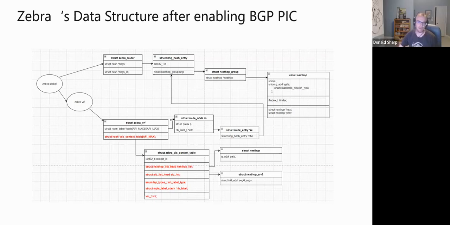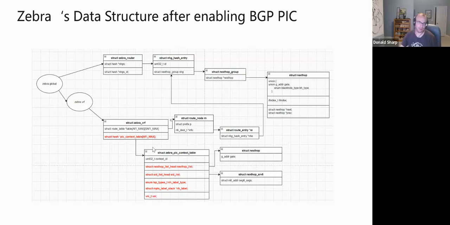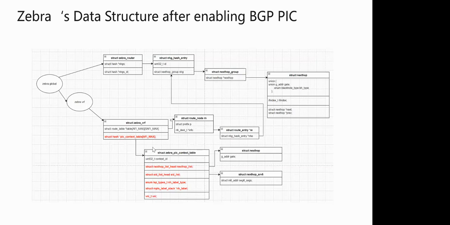Yeah, but why couldn't I just point at the correct next hop group hash entry? You mean for the routes, we point to the PIC table, then point to the next hop table, and the PIC table keeps a pointer to the next hop group hash entry. That's fine, that's more of an optimization. Logically, as of today, the context information is stored as part of the next hop table, which is why we cannot share those next hops.